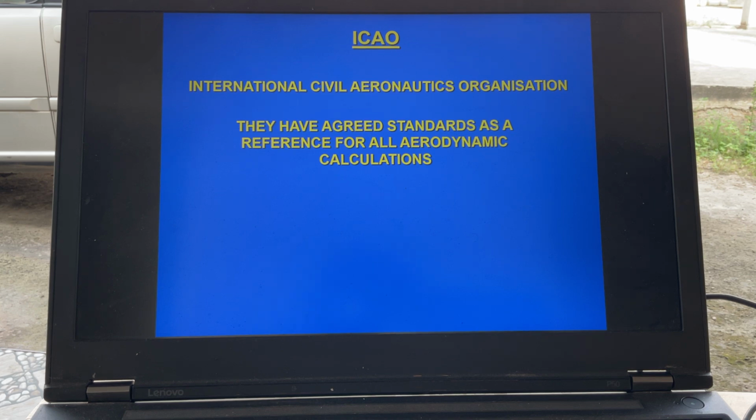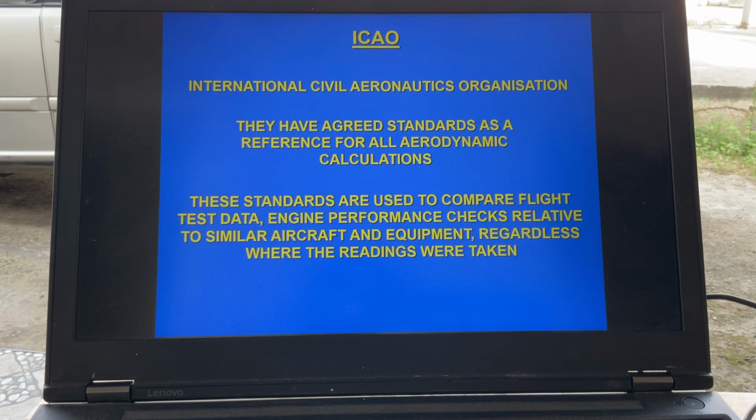So they have agreed on a standard as a reference for all aerodynamic calculations. These standards are used to compare flights, including engine performance checks relative to similar aircraft and equipment, regardless of where the readings were taken.